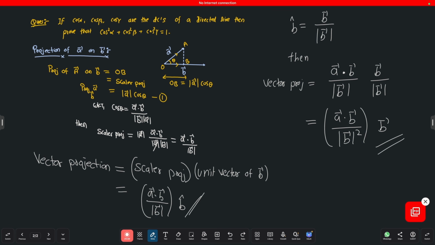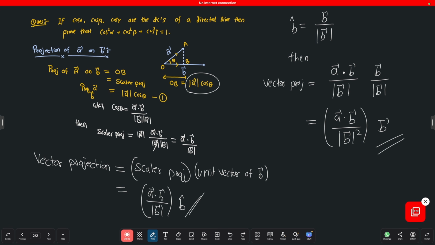Now, can projection be negative? I said projection means shadow, and you will think shadow means length, and length is not negative. But in vectors, scalar projection can be negative. Why? Because the basic formula for scalar projection is mod A cos theta. Mod A is the length, and cos theta may be negative, positive, or zero.